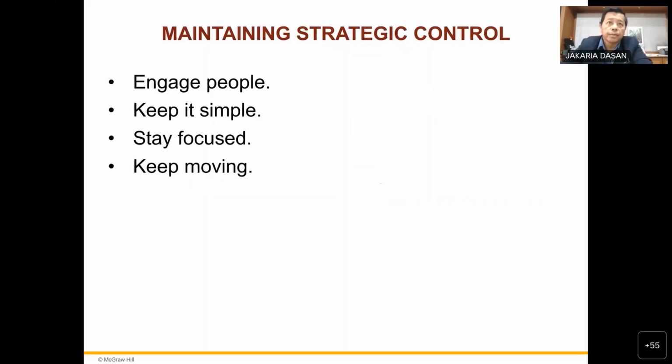Maintaining strategic control. To maintain the control, you need to engage. Engage means employees feel a sense of belonging. Keep it simple means easy to understand by the operational levels. Stay focused, focus lah, focus. Keep moving, always active, not passive.